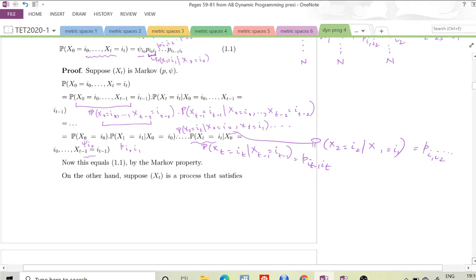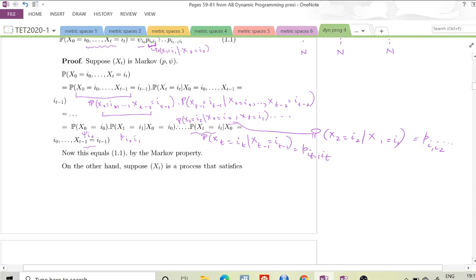On the other hand, suppose you have a stochastic process xt on this set of finite states, right? That satisfies that the probability of each path is given by this formula, given by this initial psi and this stochastic kernel, right? Then it's saying that it must be a Markov process.